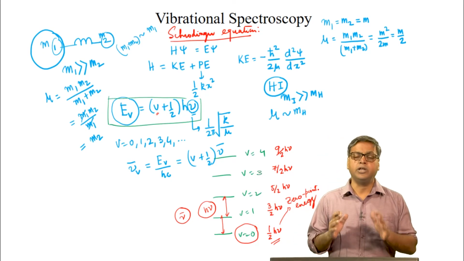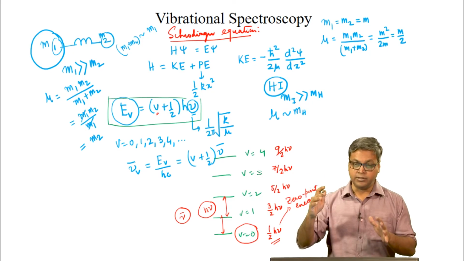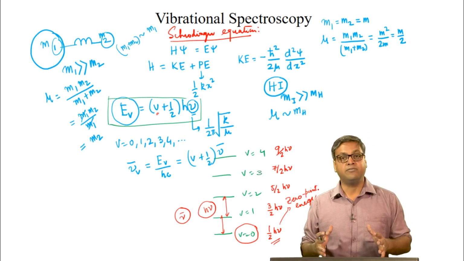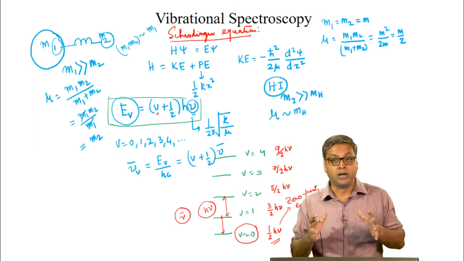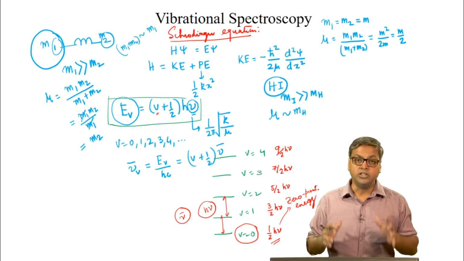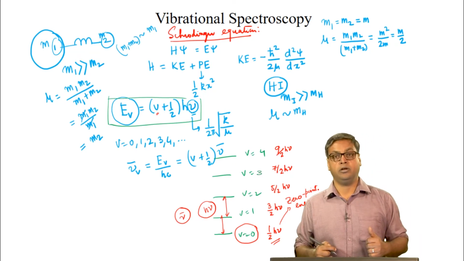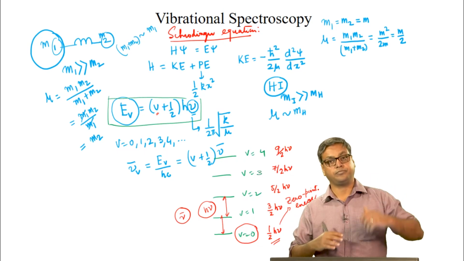So, in order to obtain a vibrational spectrum, because that is the reason we are discussing vibrational spectroscopy, transitions should happen from one vibrational energy level to another.